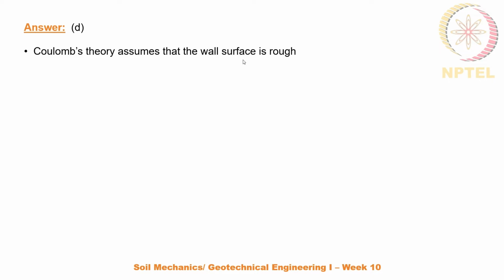So in Coulomb's theory, it assumes that the wall surface is rough. That is, it considers the roughness of the wall, or it considers the wall has a friction value, unlike Rankine's theory where wall friction was considered as zero.